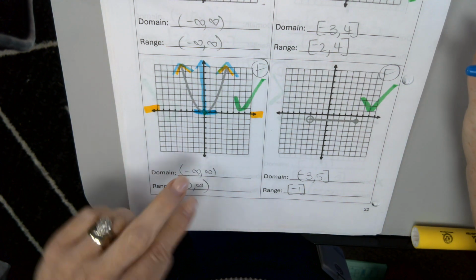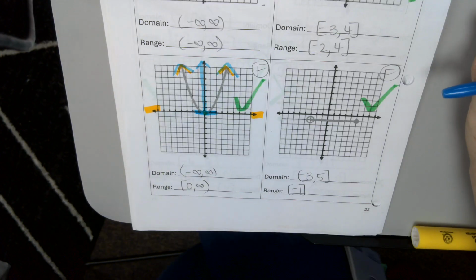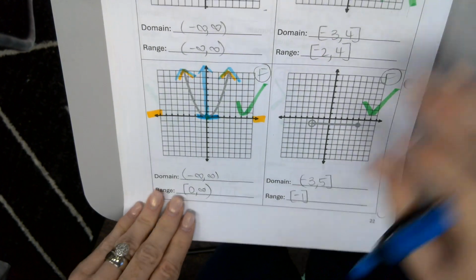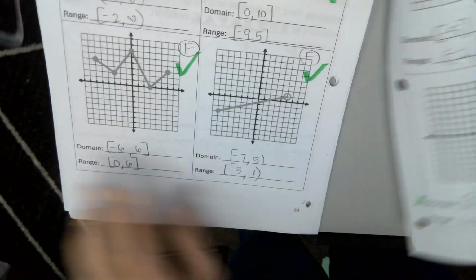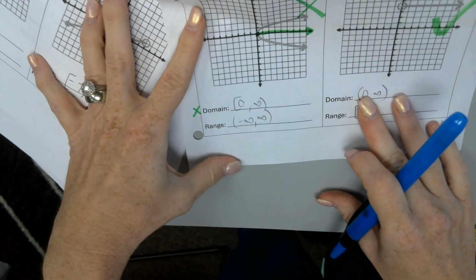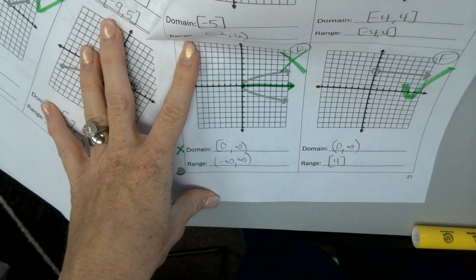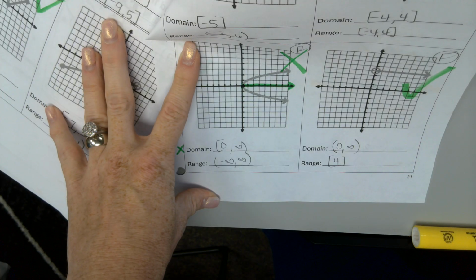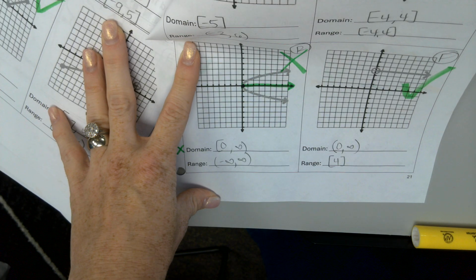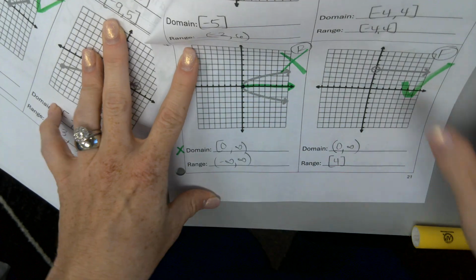So right here and then right there. So there was one, this sideways parabola right here. So it's sideways to switch it. Yep. Okay. Yep. Okay. Gosh, I almost ripped that up.